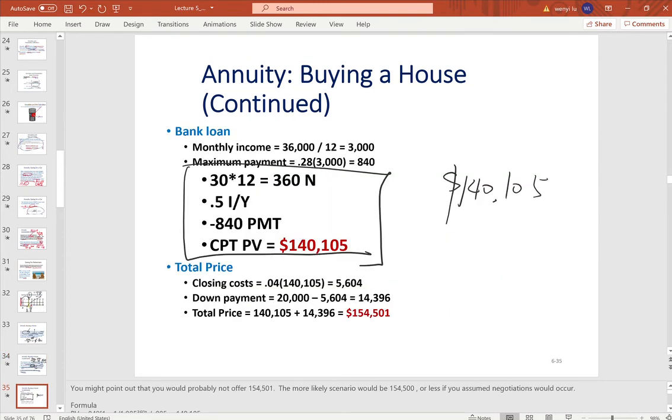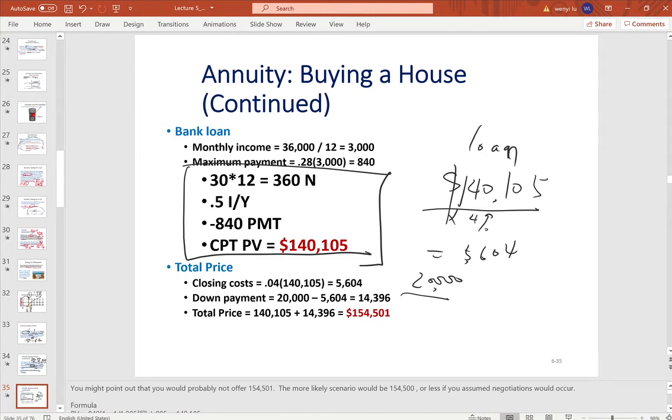So this is the loan value. Loan times 4% will be the closing cost. That's the 5604.